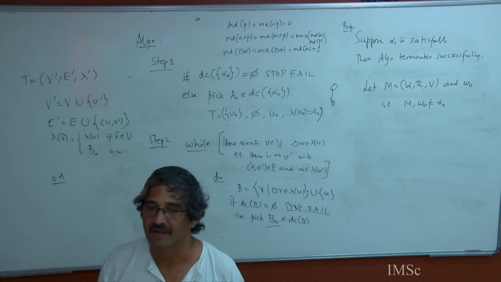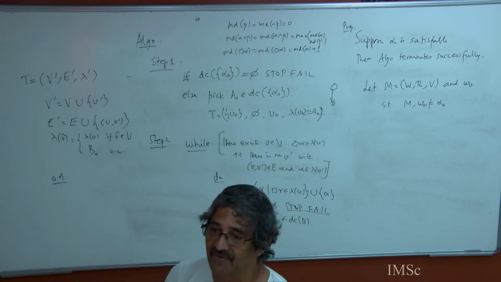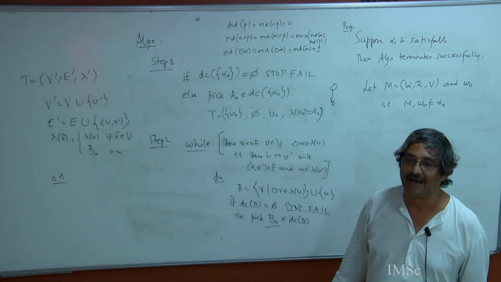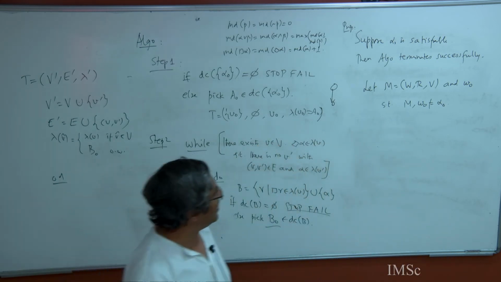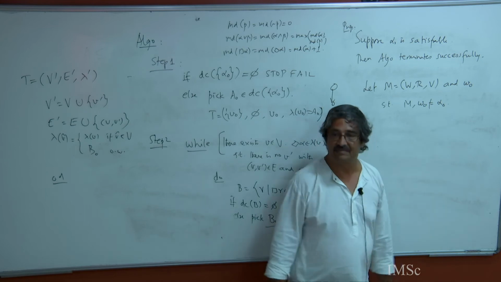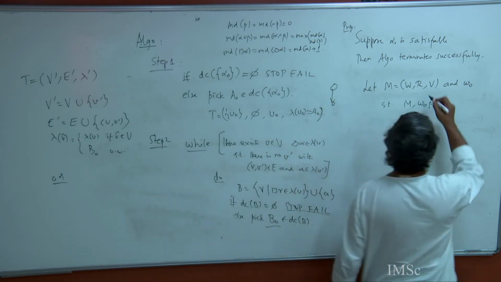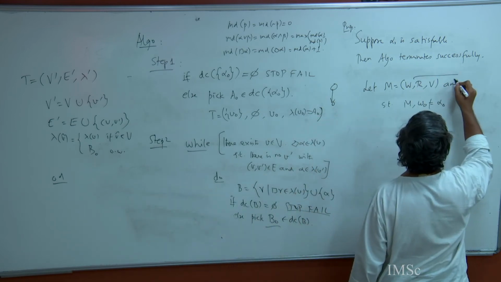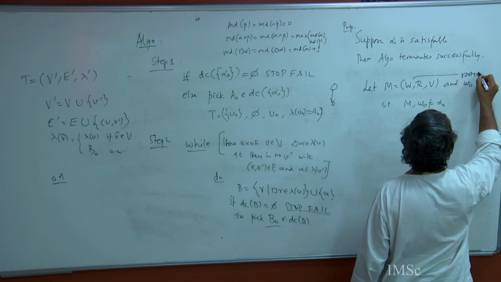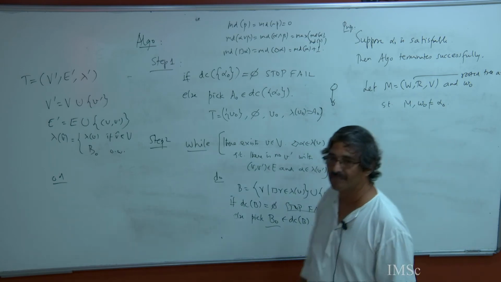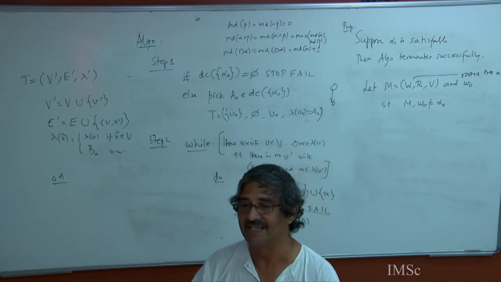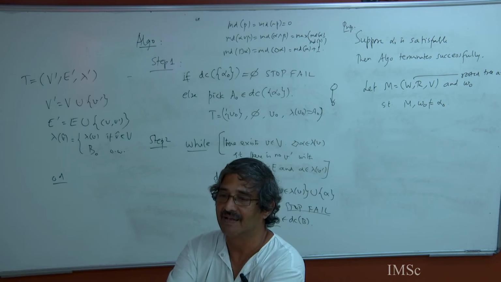The given formula was satisfiable, so it has a model. Alpha naught was true in the model at some world, right? So let's call it M, W naught. And we might as well assume that this is a rooted tree, because if alpha is satisfiable, it is satisfiable in a tree rooted at W naught.